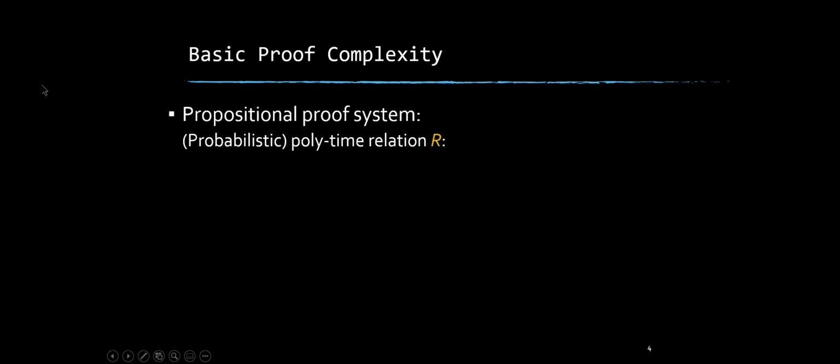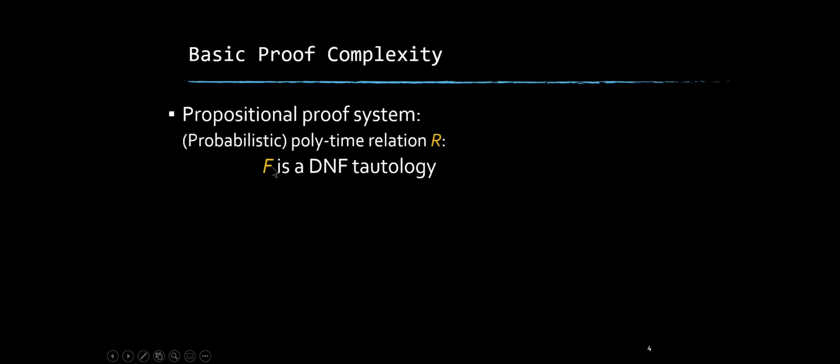So let me give you the basic concepts that you need to know for this talk, and they are very few. And this is about propositional proof complexity. The only thing you need to know is the following. A propositional proof system, denoted R, for us will be a polytime computable relation, and it may also be a probabilistic polytime computable relation, such that the following occurs.